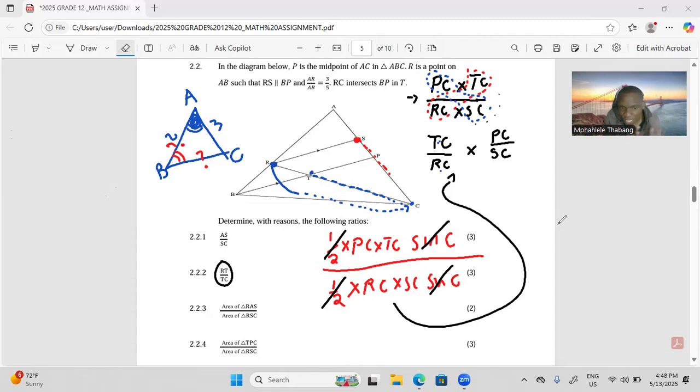They come from R: if you observe from R to C, you can see TC, and you can also see RC. And if you observe from this other side, you can see PC and SC. That is why I've placed them together. So let's continue on our problem.